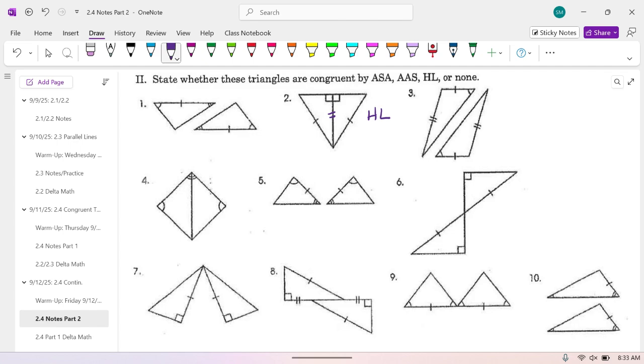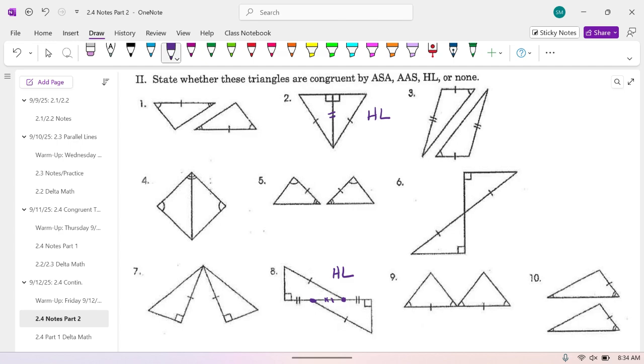Don't they share it? Right, so we can assume that from here to here is also congruent. So those 2 sides are congruent, so that's another hypotenuse leg. Any questions on identifying congruent triangles based off of the postulates?